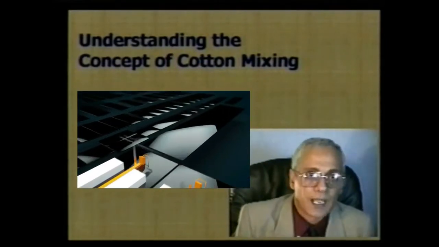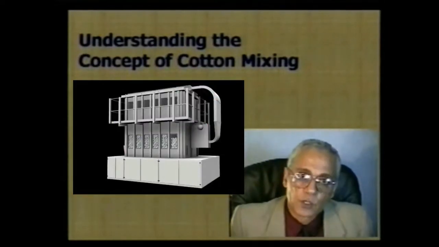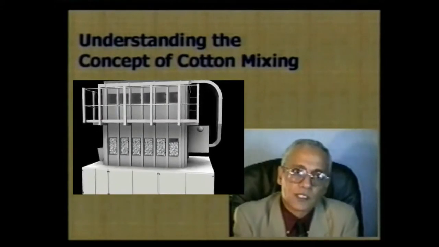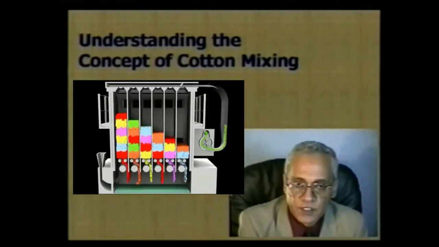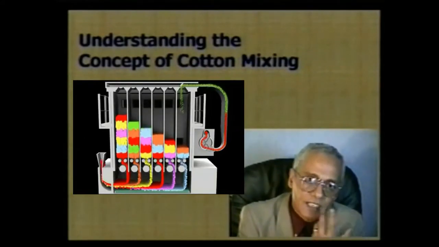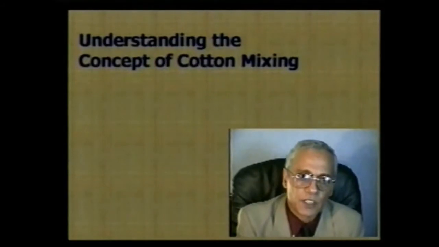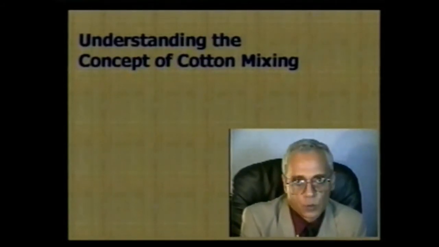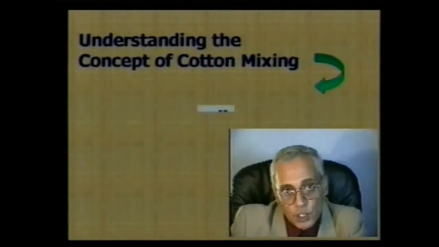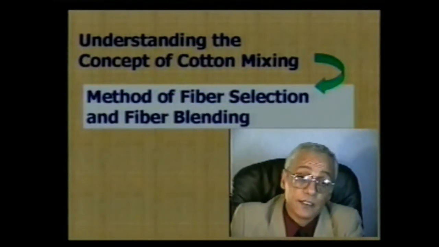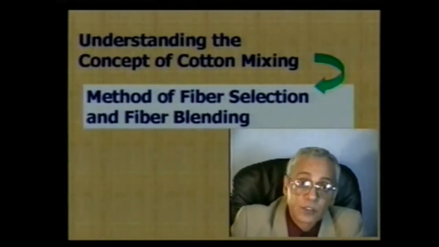Cotton mixing is a science, and you will see in one of the chapters of this course how scientific the cotton mixing procedure is, and how understanding the scientific aspects and the underlying concept of fiber mixing will help you improve the yarn quality. We need to understand the fiber selection as well as fiber blending. These are major issues that the spinner must understand.